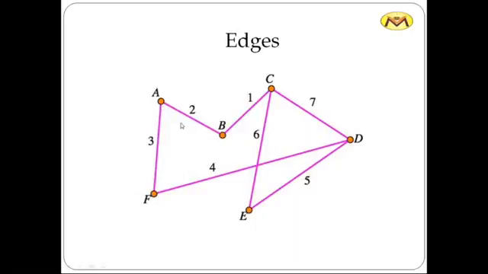Different paths for going from A to F. Whatever path we take from going from one place to the other, it's called a path. And a path is always through the edges. We don't go directly. So we can see that there is no direct path from B to F in this graph. If somebody wants to go from B to F, they have to go through A or the other way around. So these colored lines are called edges.